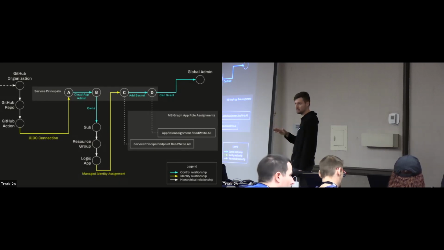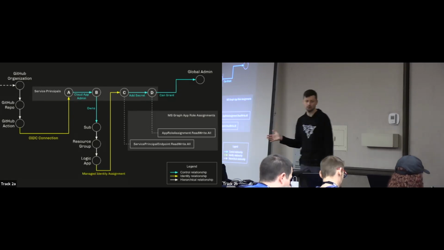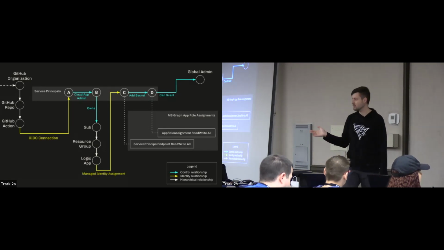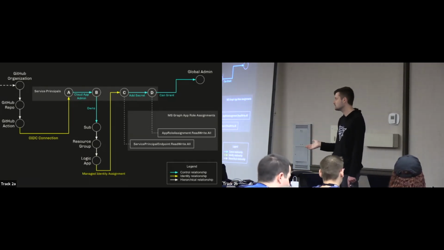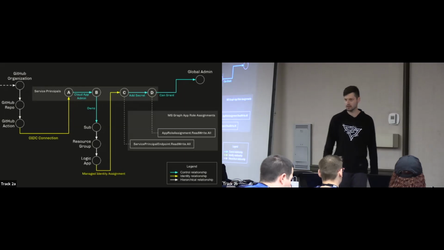Does that make sense? Basically, service principal D can give itself any permission it wants. So it's not a global admin, but it can get there. Would you call that a privilege escalation? Maybe. I don't think there's really a clear answer to that.